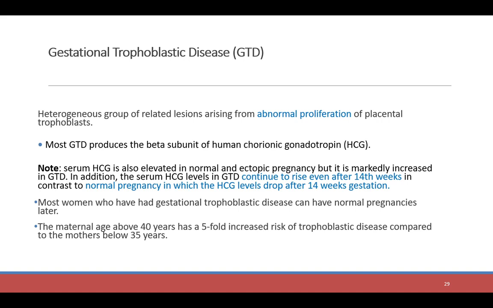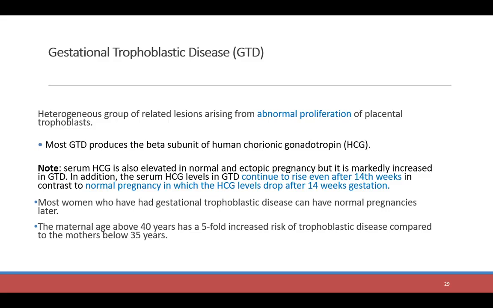Remember that serum beta-HCG is also elevated in normal and ectopic pregnancy. So beta-HCG by itself is normally increased in pregnancy and ectopic pregnancy. So the presence of increased beta-HCG doesn't mean that we have gestational trophoblastic disease. It can be, but also remember that pregnancy and ectopic pregnancy can increase beta-HCG.